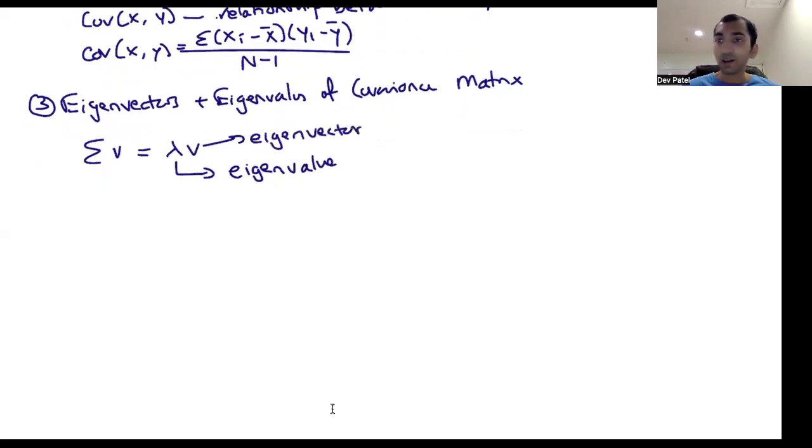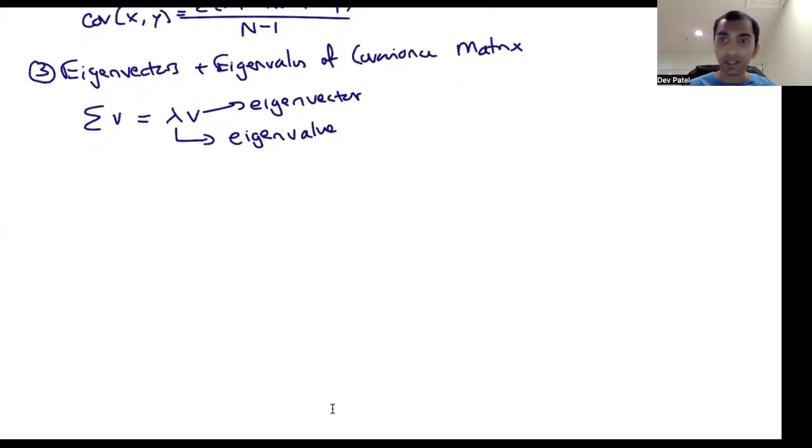So calculating eigenvectors and eigenvalues gives us vectors that we can multiply the matrix by and achieve only a change in magnitude instead of direction.